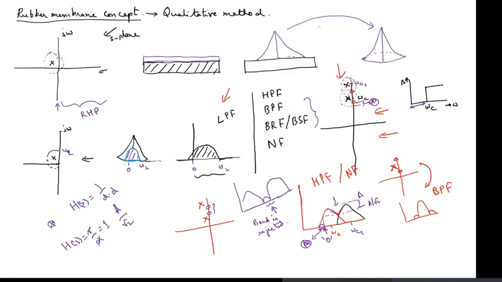So if you see over here, can you see the cursor? I will not write over it again. Okay. So can you see this rubber membrane concept? I said it is a qualitative method. Suppose we have a table and over that we place a rubber membrane, which has been tied all throughout, right?